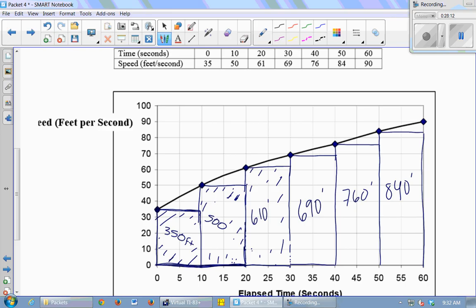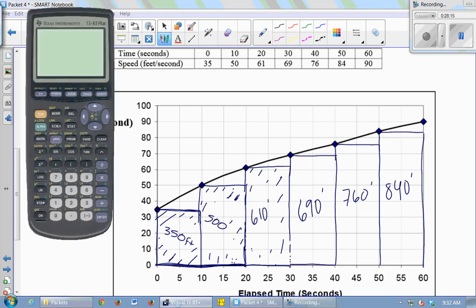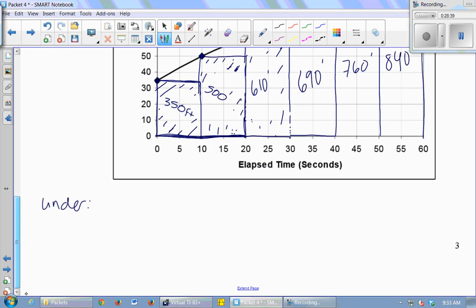And then we just add those up. Okay, 350 plus 500 plus... 3,750 feet.